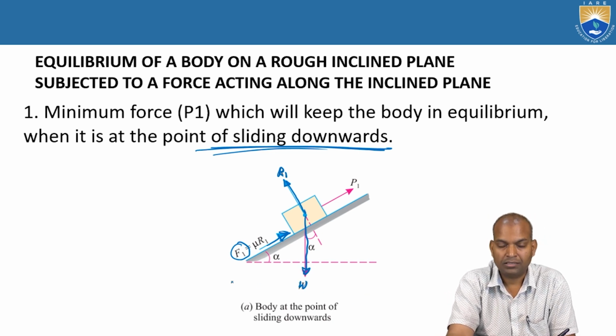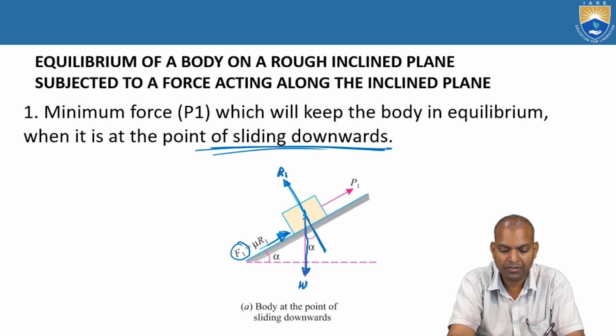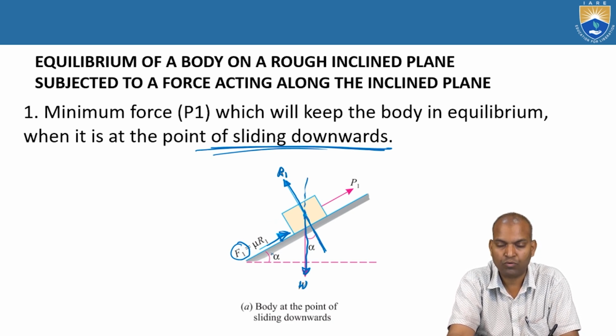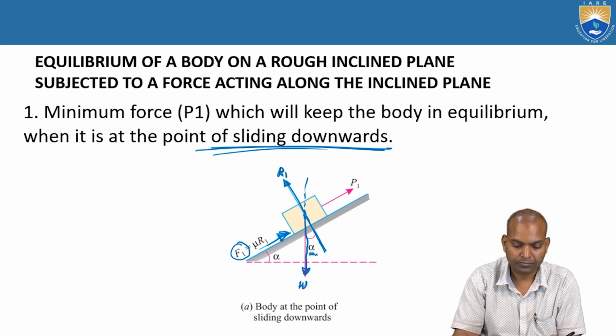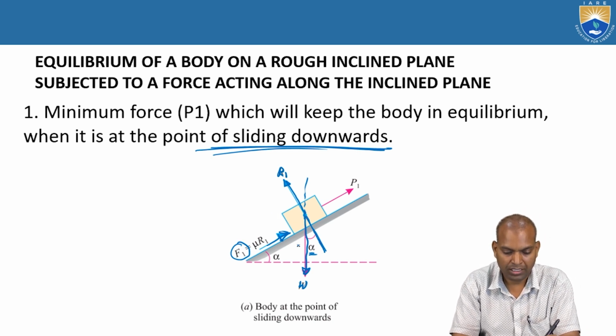Now what is the angle? The angle between the normal to the plane and the line of action of the weight is the same as the angle of inclination, that is alpha. The direction of the effort is P1. Now we have to resolve the components of W along the plane and normal to the plane.